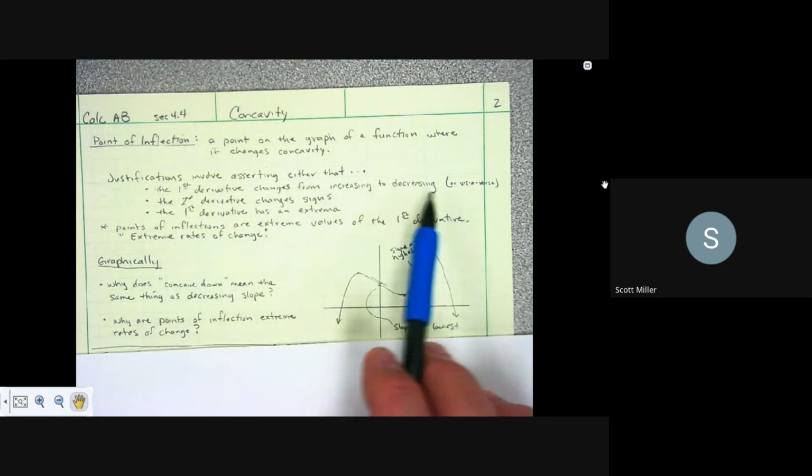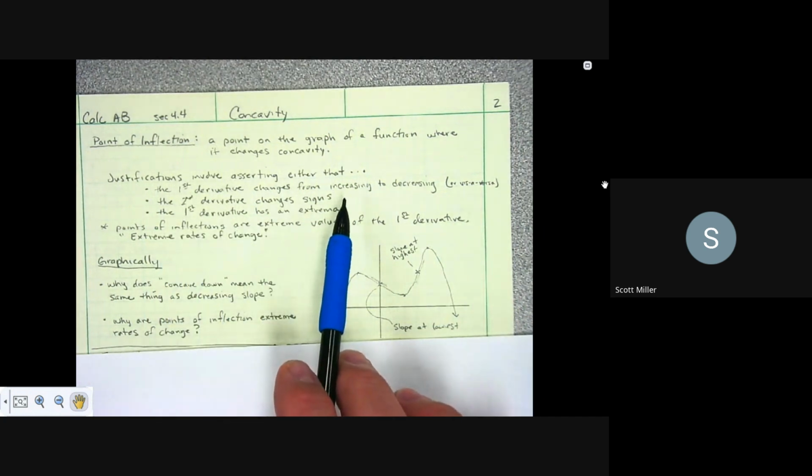Justifications involve asserting either that the first derivative changes from increasing to decreasing or vice versa, the second derivative changes sign, or the first derivative has an extrema. Okay? All of these things right here show that I have a point of inflection. So depending on what information you have, the easiest one is obviously the second derivative one.